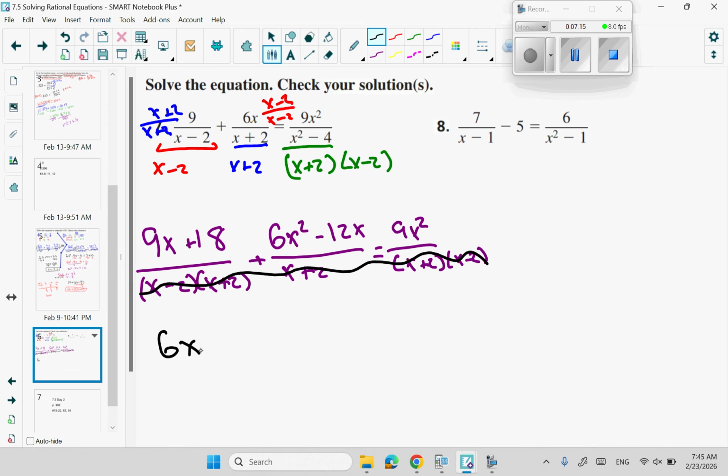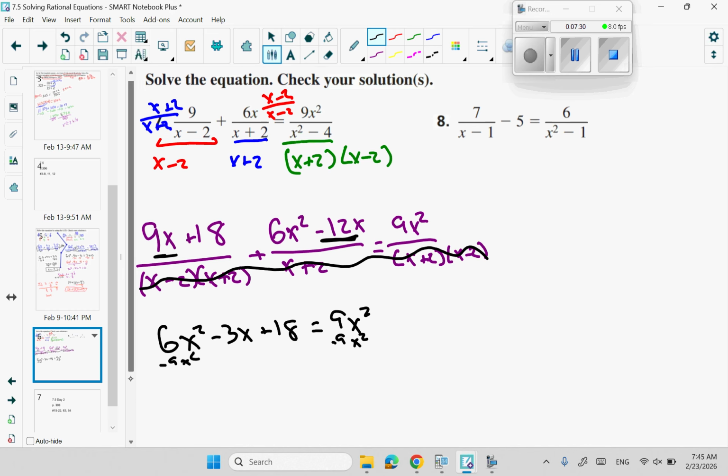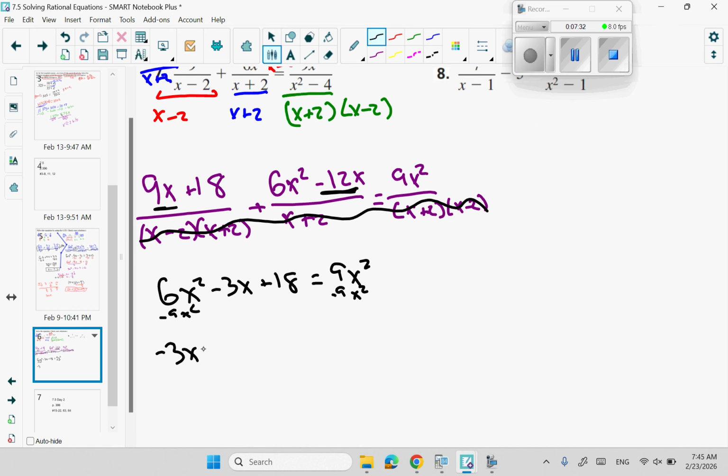We get 6x squared. We have -12x and 9x, so -3x. Plus 18 equals 9x squared. I want to get all my things together, so I can minus 9x squared, minus 9x squared. We get -3x squared minus 3x minus 18 equals 0.